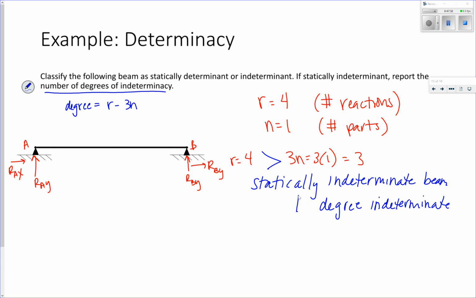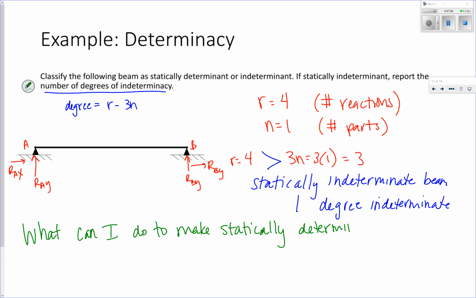So now the question is, what can I do to make this beam statically determinate? Not that this is something that you can just easily do, but I'm just posing the question. Hypothetically, if I could just change the supports, what could I do?